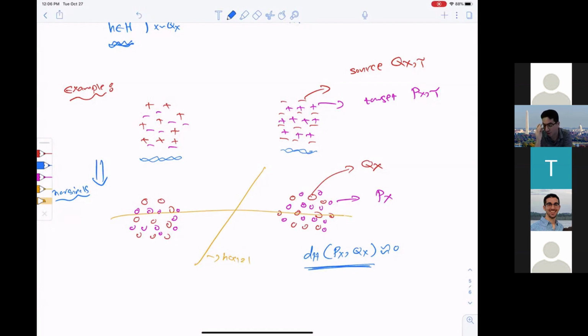Someone says rename labels. But I don't have labels in my training, right? So how do I know I should rename the labels? Okay, good. Let's think about the other assumptions that we had. The first assumption was that the labeling, the conditional distributions, should be the same.